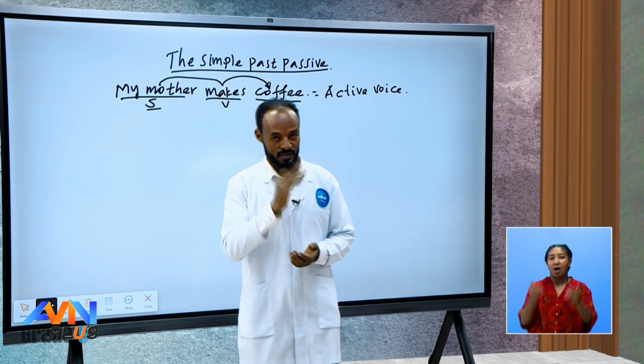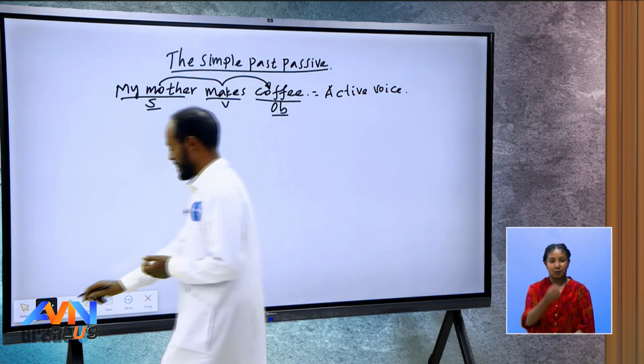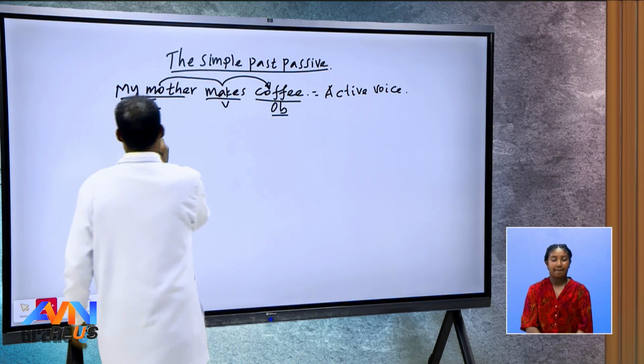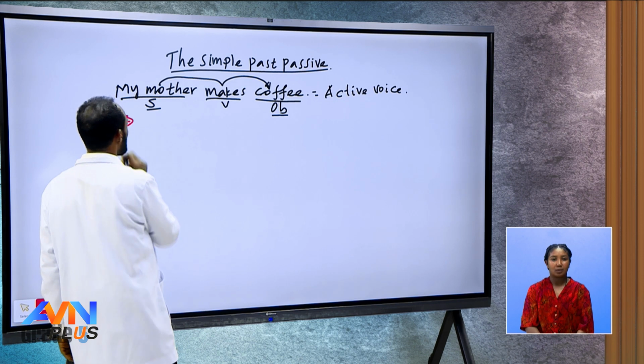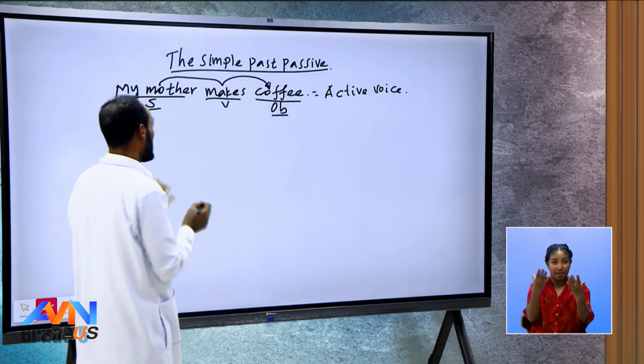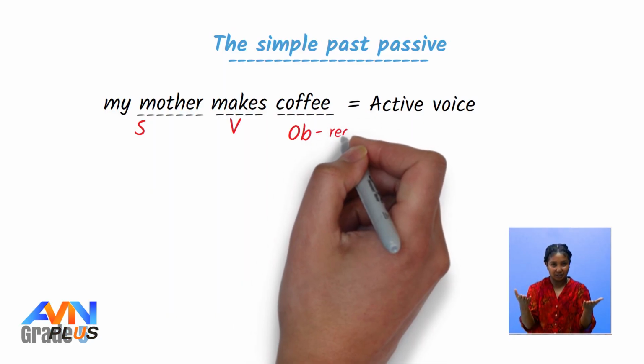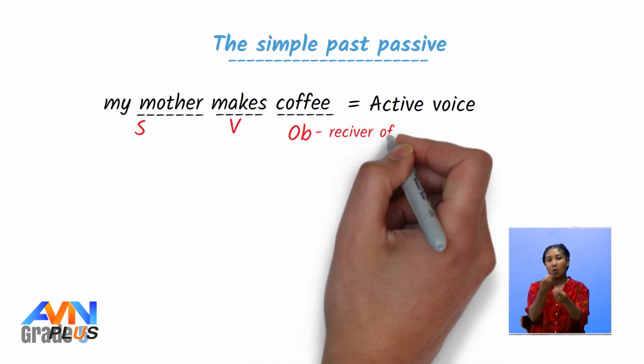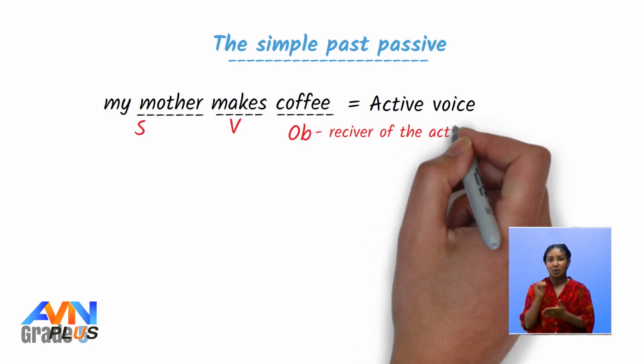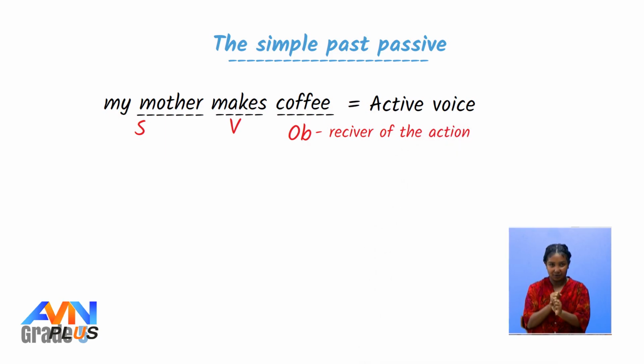I hope you can. Look. When we change this one into passive voice, we can start from the object, the receiver of the action. Look, this one is the receiver of the action.